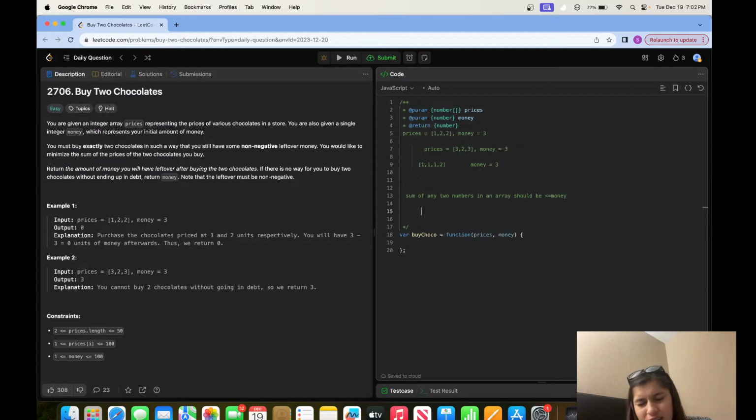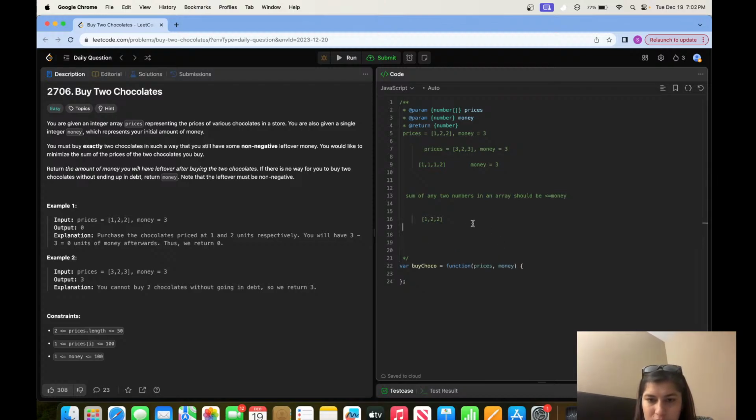I think this is a really easy question actually, because I just want the sum of any two numbers to be less than or equal to money, right? So why can I not do this: 1 to 2, and then I can just search for 3 minus.